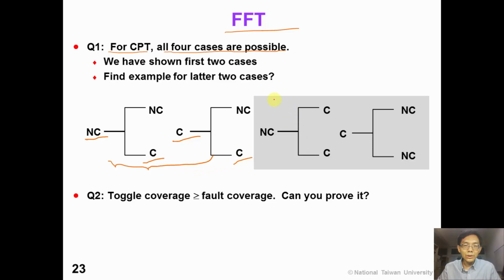So now it's your turn to show me these other cases. When both fan-out branches are critical, the stem is non-critical. And there are also cases when both fan-out branches are non-critical, but the fan-out stem is critical. Please give me example circuits and test patterns.